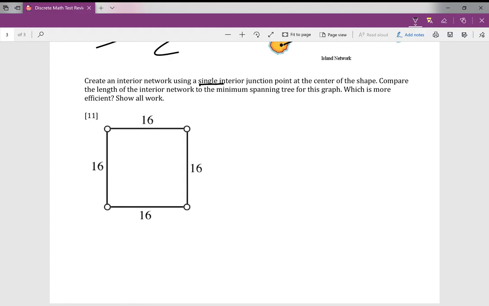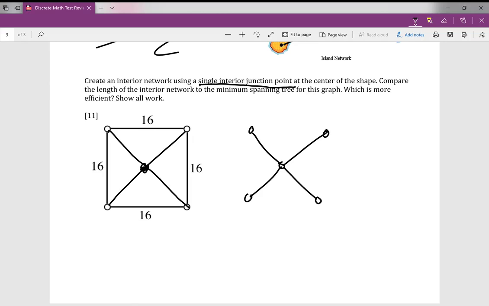So we're using a single interior junction point, and we're showing this at the center. So we would use the Pythagorean theorem to find that hypotenuse.